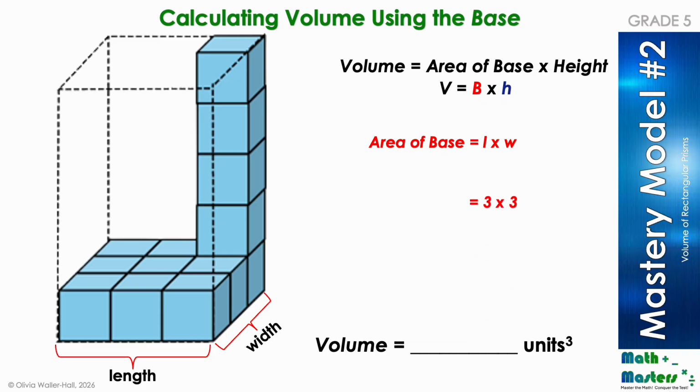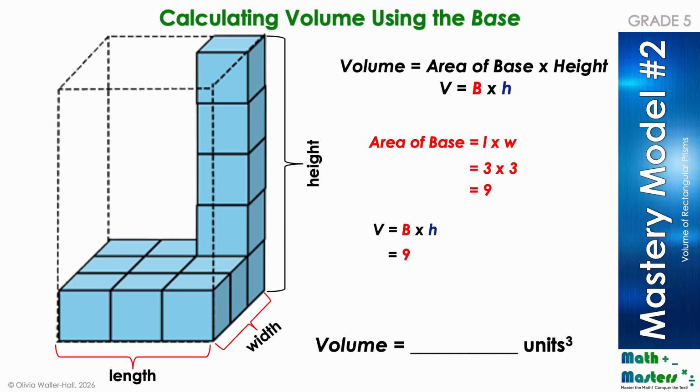So the area of that base would be 3 times 3, which is 9. Now that we know the area of the base, we can use that to calculate the volume by multiplying it by its height. 9 times the height, which is 5, would give us 45. So the volume of this rectangular prism is 45 cubic units.